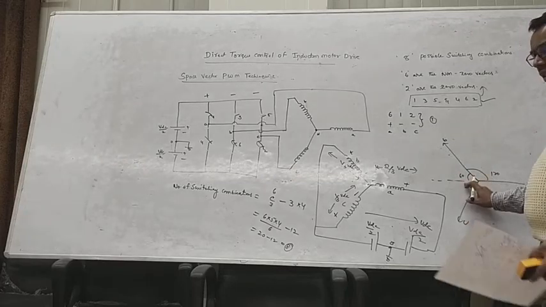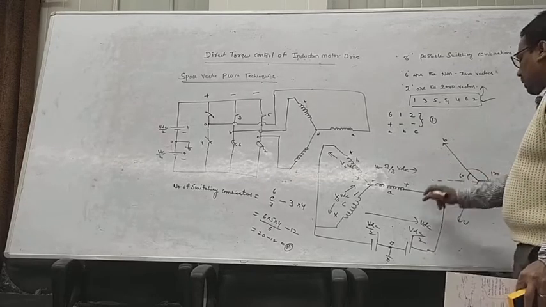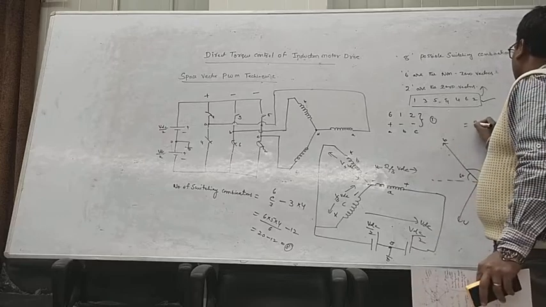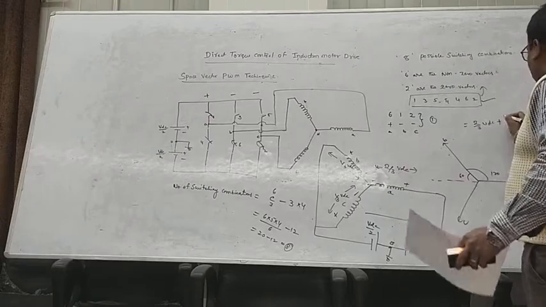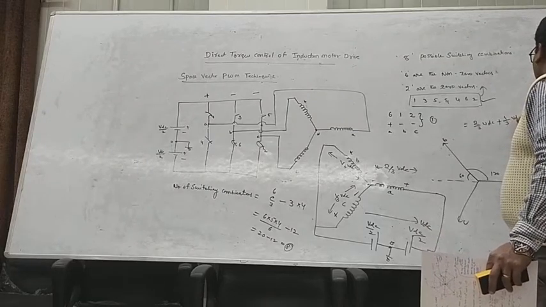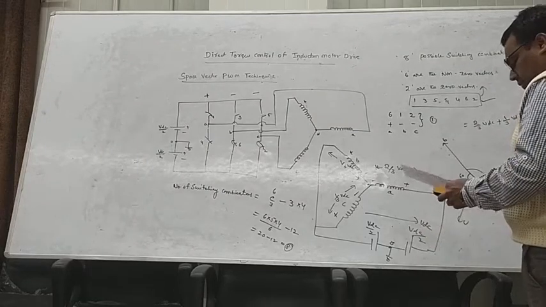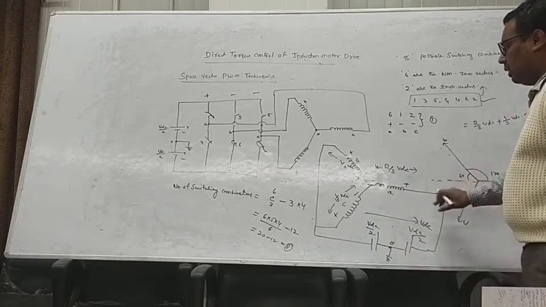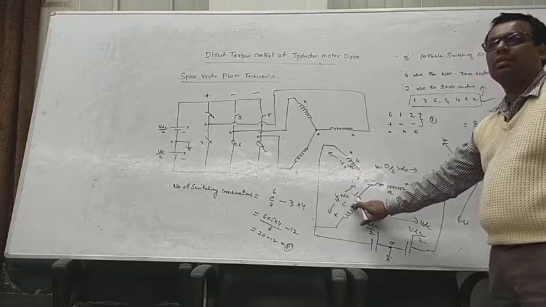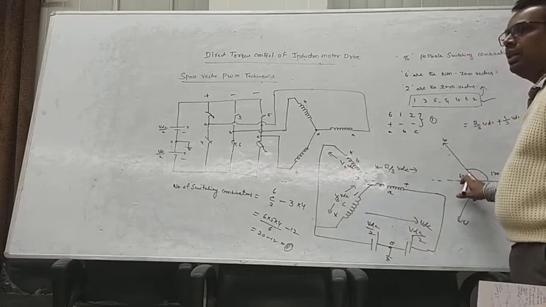Let us write down the equation: the final voltage is 2 by 3 VDC plus 1 by 3 VDC cos 60 degrees into 2, because these two are 2. That is 1 by 3 VDC plus 1 by 3 VDC, and the angle is 60 degrees.